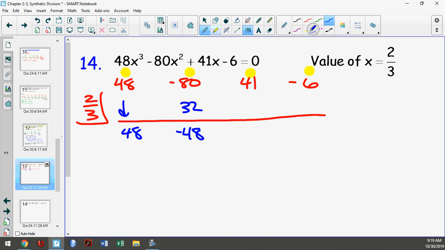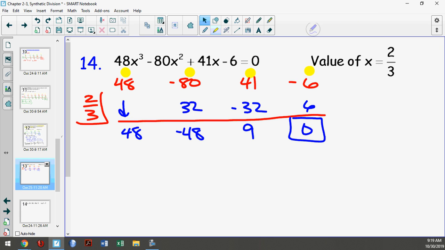Times 2/3 gives you negative 32. Plus 41 gives you 9. 9 times 2/3 gives you 6, to give you a remainder of 0. Our remainder better be 0. Why do I need my remainder to be 0? Because it is a factor.